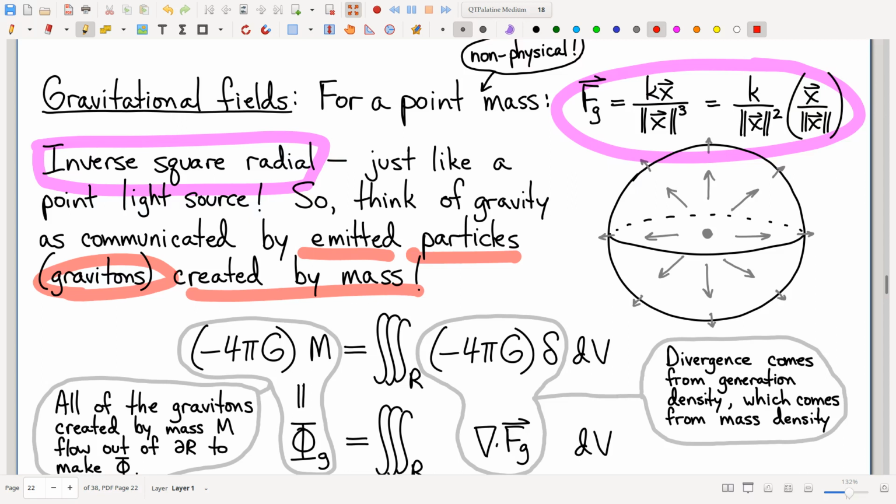So what we're going to do with gravitons in this class is pretend that they're real, and whether they are or not doesn't matter. Gravitational fields behave as if gravitons are real, so we're going to pretend gravitons are real, and that will allow us to treat gravity with a nice little point of view, and we will get all right answers. Everybody buy it? Okay. So whether they're real or not, I don't care.